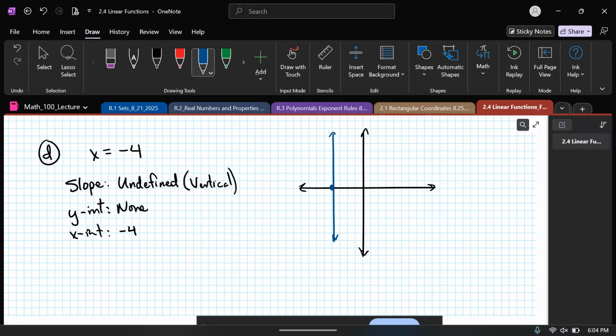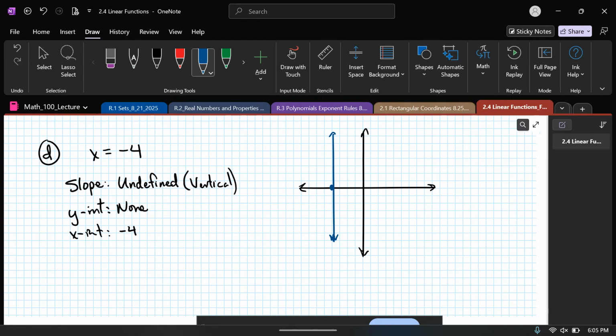Goes right through that point. That's technically rising any number and running 0. Rise over run is something over 0. 0 under the line is undefined, is the way I remember that. But x equals a number is going to be a vertical line.